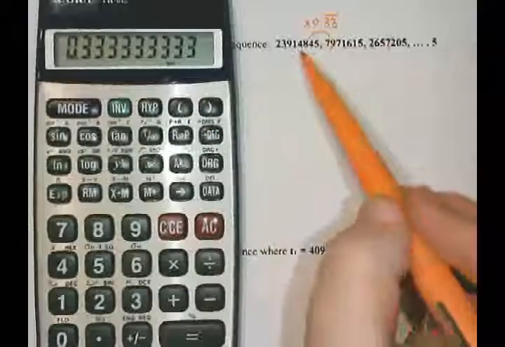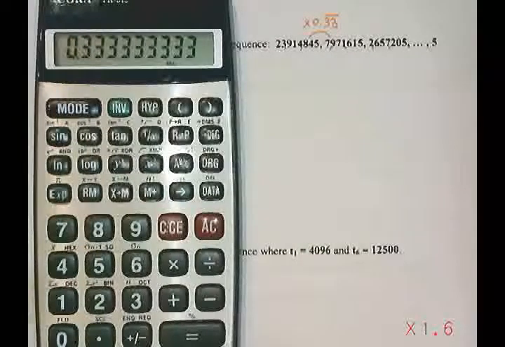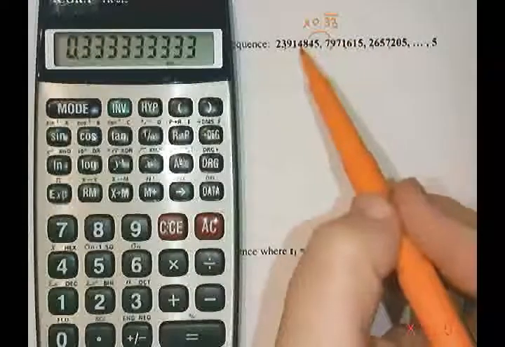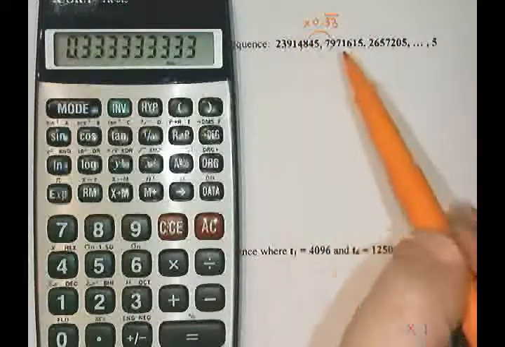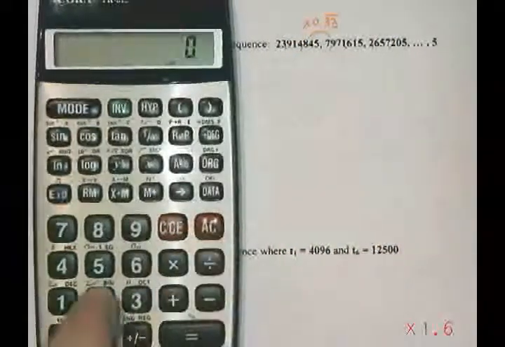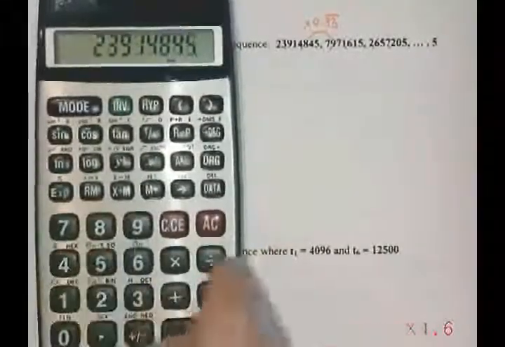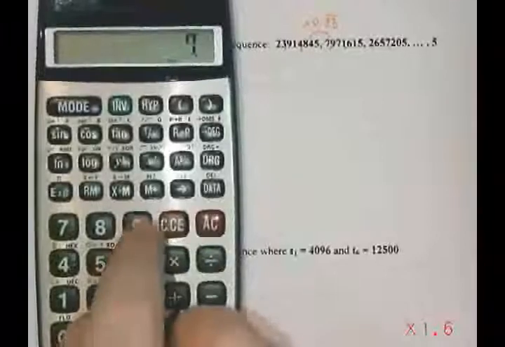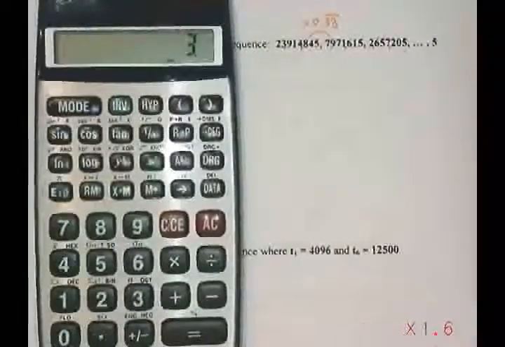So if you're trying to find a fraction that works for this, instead of doing the second number divided by the first number, we're actually going to go the other way and do the first number divided by the second number. So 23,914,845 divided by 7,971,615, and I get a 3.